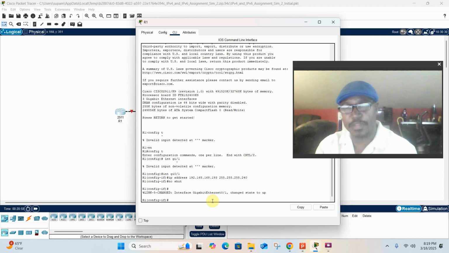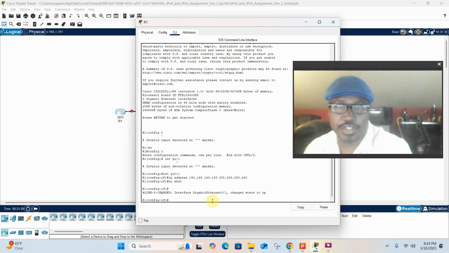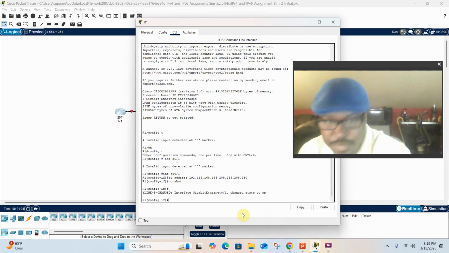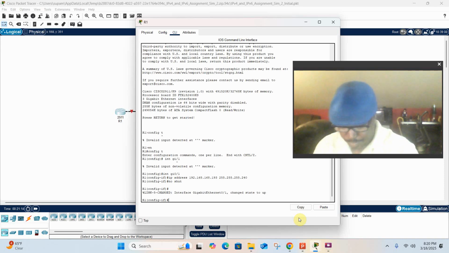Now we're going to go back to those instructions and add the IPv6 address. Let's see, it was 2001, and I'm looking at the instructions off screen. Okay.